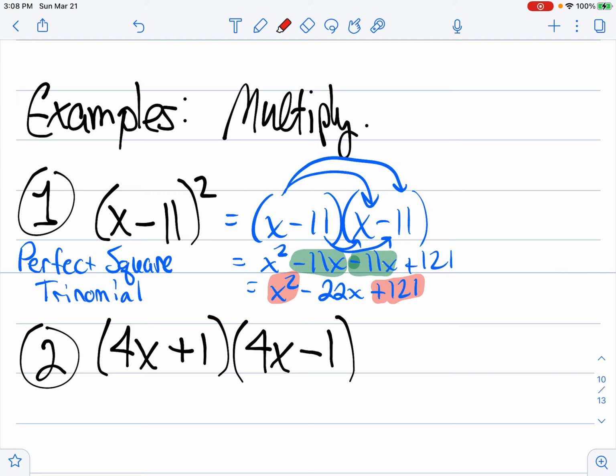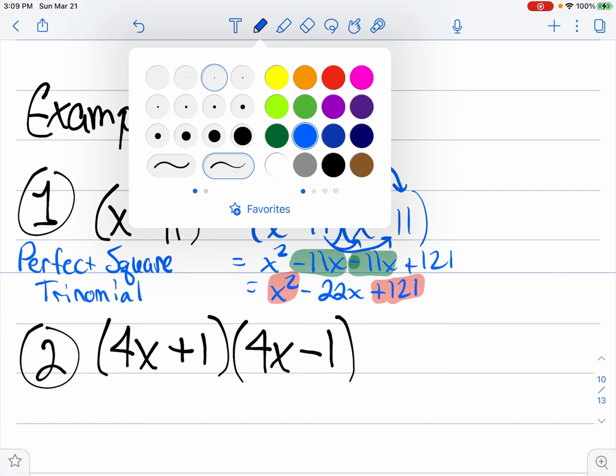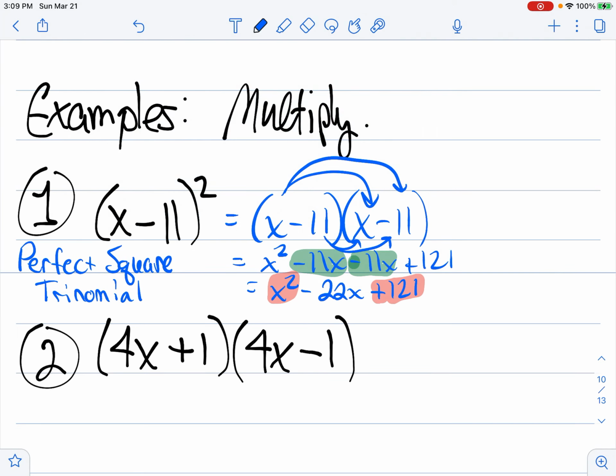X times x is x squared. 121 is 11 times 11. Now, the middle term is twice the product of the 2 factors, okay, x and negative 11. If you take x times negative 11, that's negative 11x, and then you multiply that by 2, you get negative 22x.